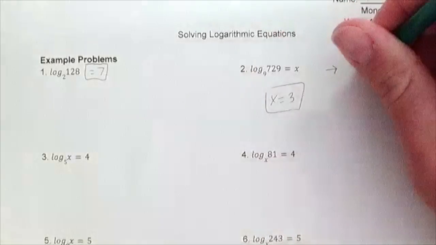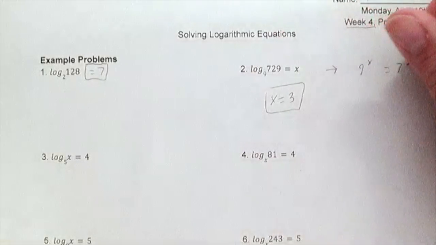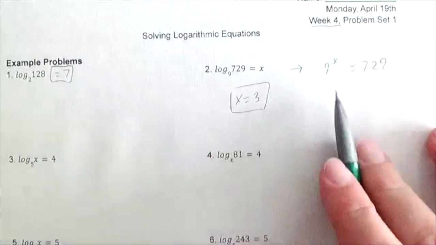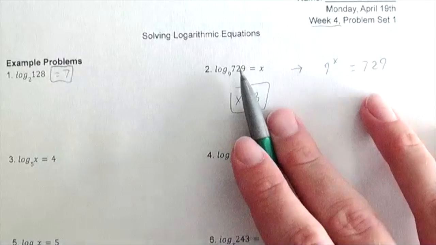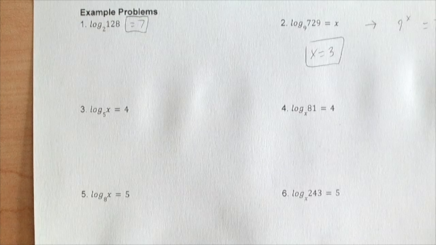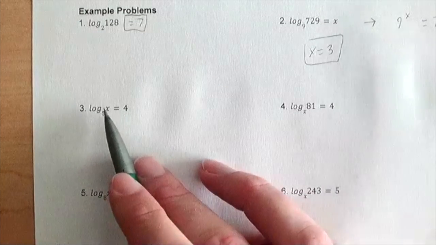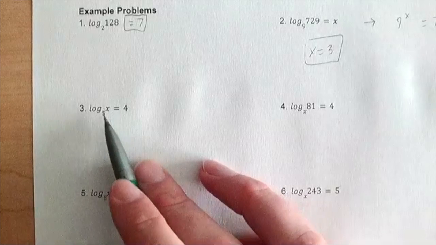You don't have to rewrite it, but remember that this is all the log is saying. It's one of these exponentials. The base number raised to the other side's power equals the top number. Good. So now x is going to be on the same side as my equation.